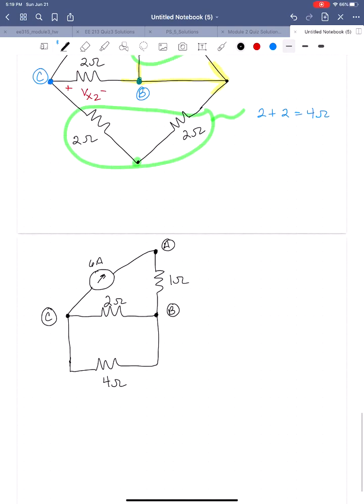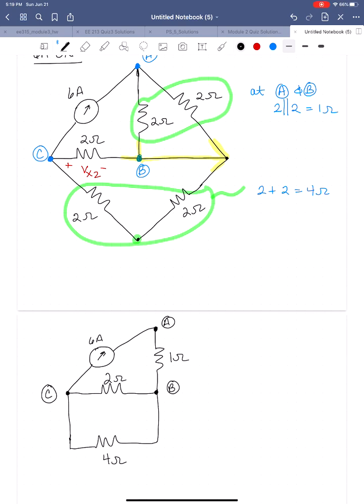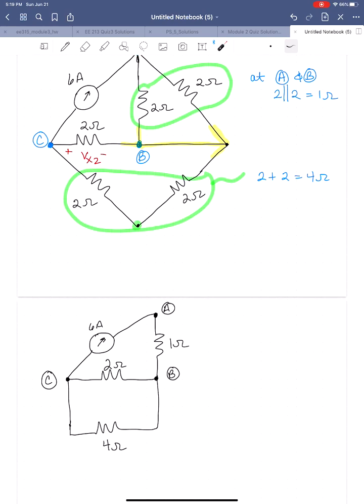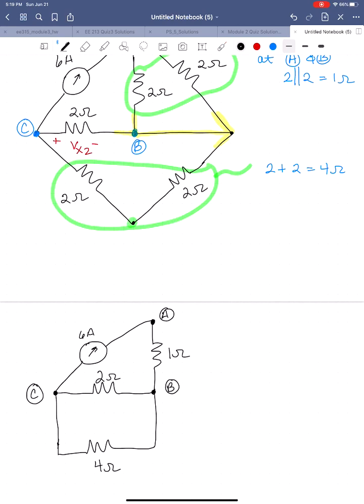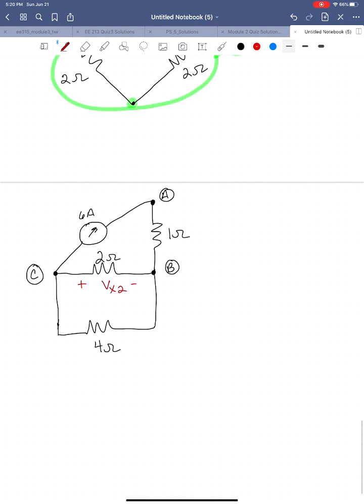So we've taken this circuit here, done these 2 simplifications, and drawn the simplified circuit down below. We still have this voltage here across the 2 ohm resistor, Vx2.